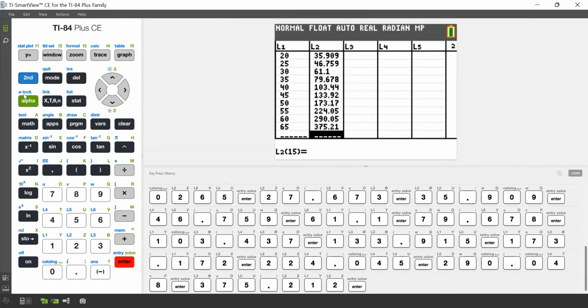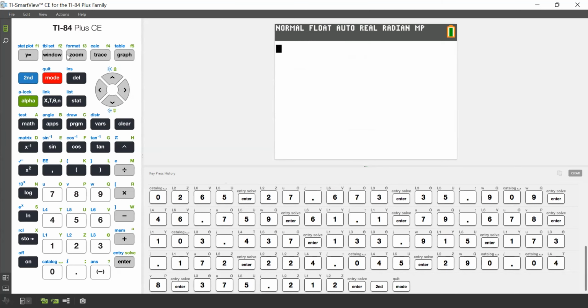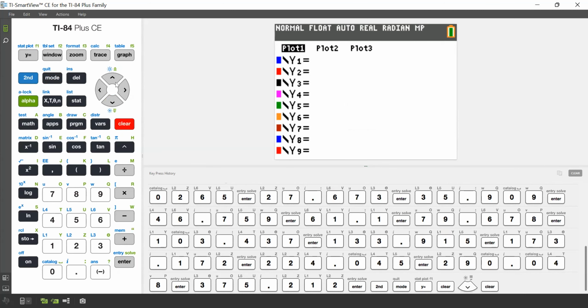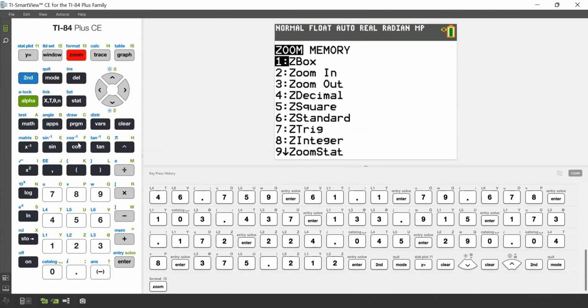Okay, so I'm going to go out of here, and I am going to go ahead and graph this. Let me clear out what's in the y equals first of all, because we've got those two regression equations from the last problem. And then we're going to do a zoom stat.